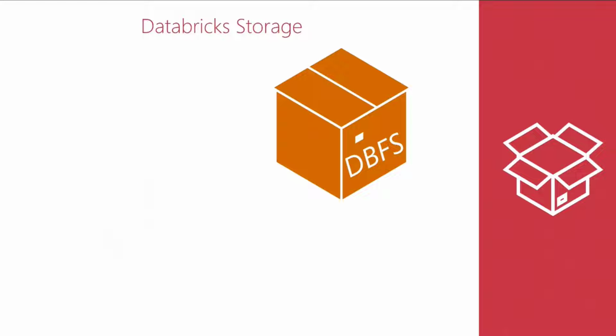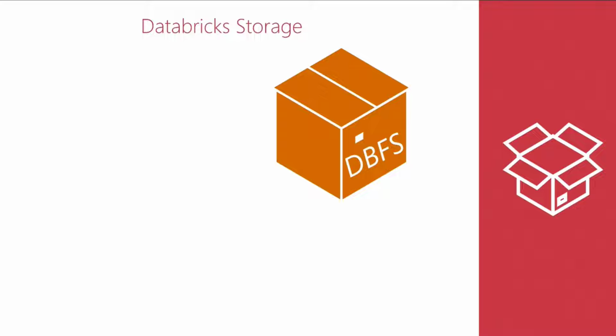So looking at the storage, every Databricks workspace is provisioned with a distributed file system known as the Databricks file system, or the DBFS. Databricks uses the DBFS root directory as a default location for data assets without an explicit storage location defined.